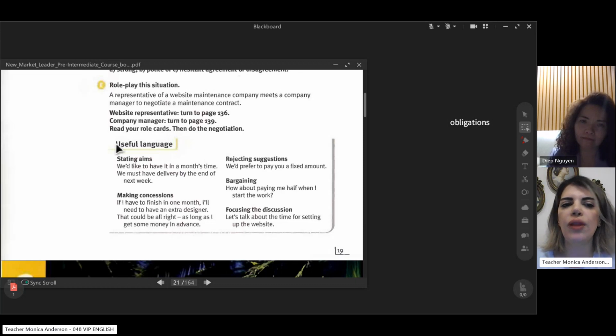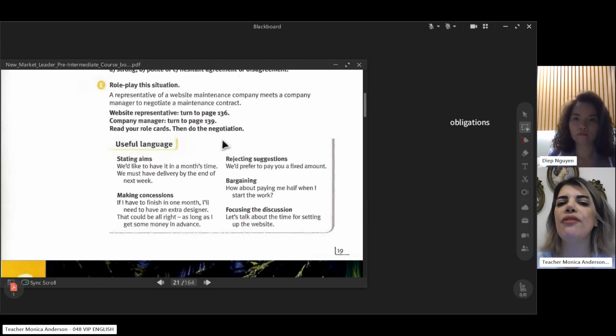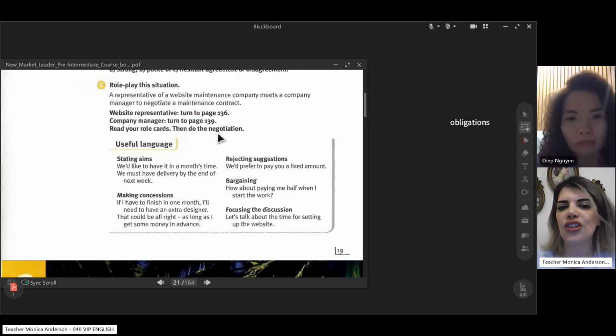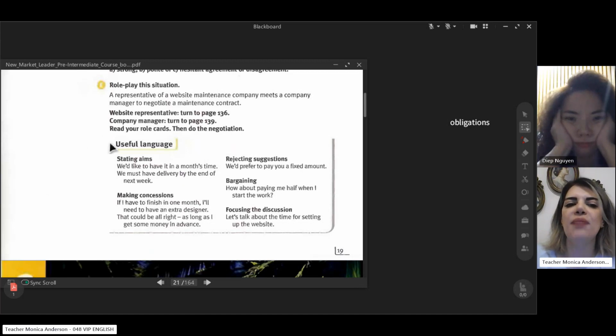Well, look at this, a useful language. We've discussed this. Useful phrases you can use. I'd prefer to pay you a fixed amount, rejecting suggestion. I'd prefer to, you can use it to reject, for example, a suggestion. Stating aims: if you want to say something, we don't say I won't.